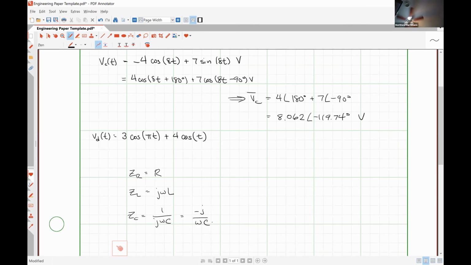I don't know which teacher you had, so you might have seen it either way. The impedance of an inductor depends on omega, and the impedance of a capacitor depends on omega. For a voltage signal like this, there are two different omegas, and so the only way to analyze that circuit would be to use the superposition principle and look at it one frequency at a time, which is a perfectly valid way to analyze a circuit.